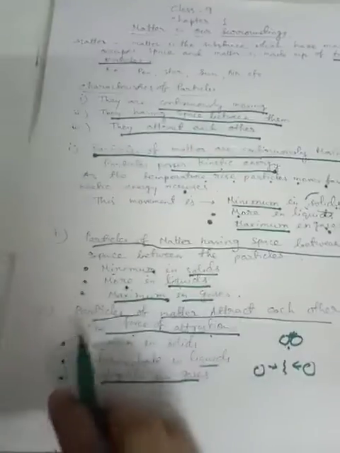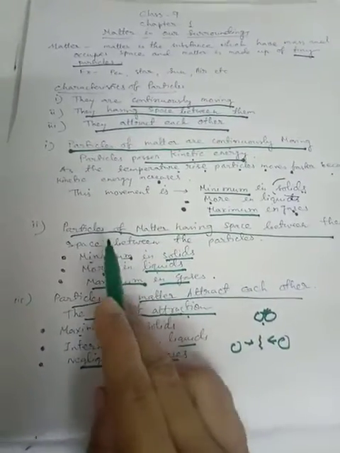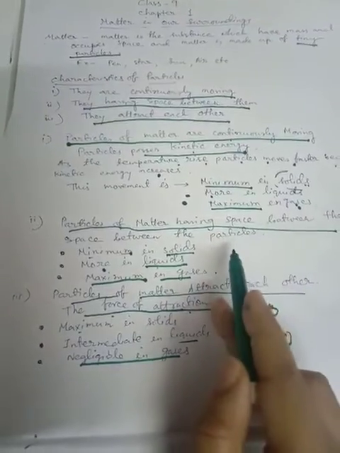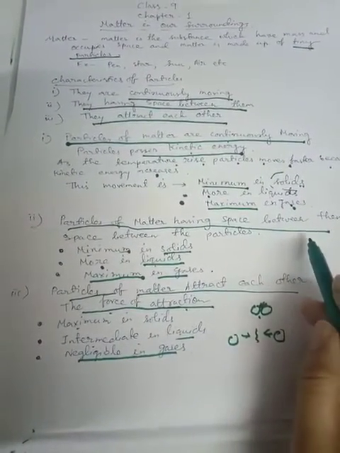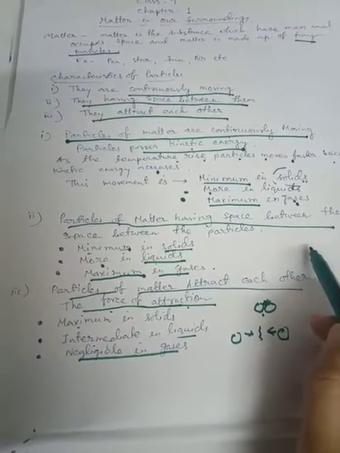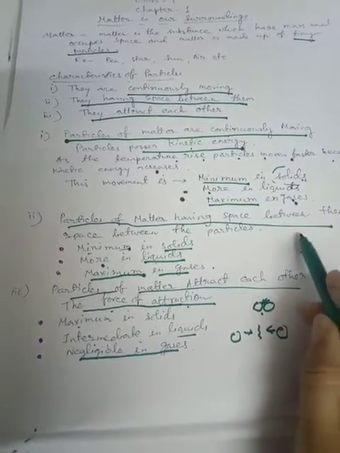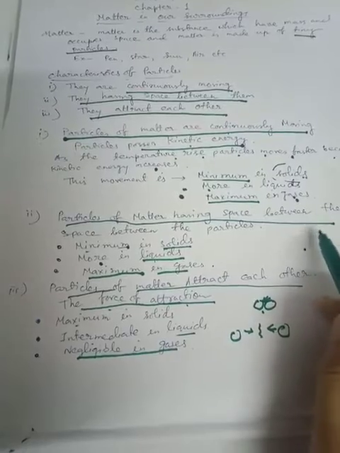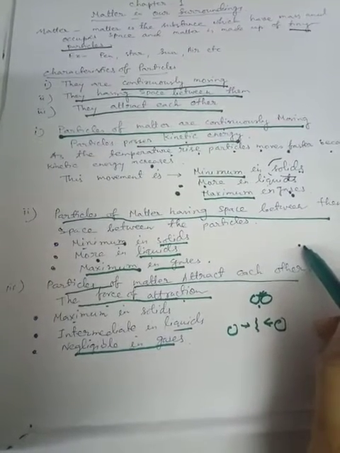Now, I told you the particles have space between them. How can we prove that? Take a glass of water, and take one spoon of sugar that you want to dissolve in the water. Mark the water level, and then dissolve the one spoonful of sugar into that water.